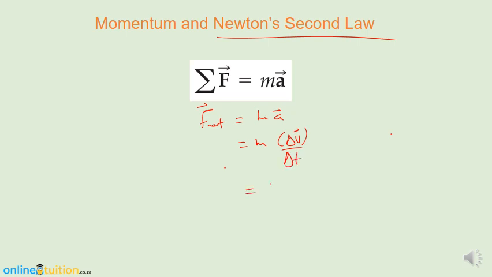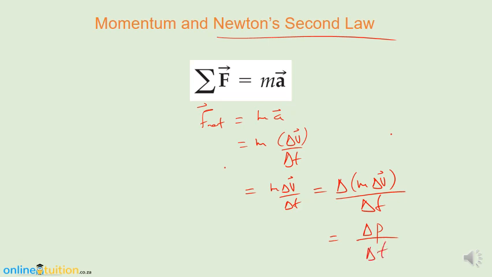So what we have on the top is m delta v over delta t, and you can write that as delta, because m is a scalar. You can write it like this, and then you're going to get m delta v over delta t, which is nothing more than delta p over delta t in terms of vectors.